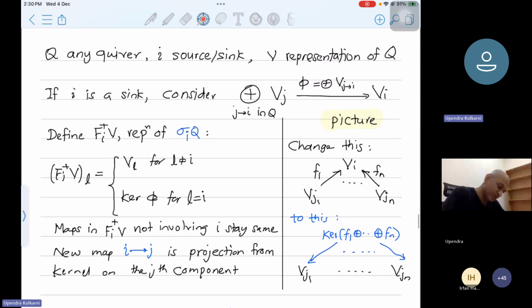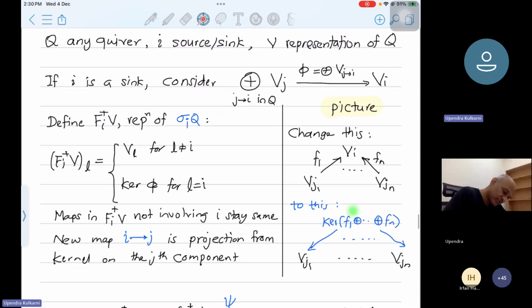I'm just going to look at this picture once again, right? So everywhere away from I don't have to bother, right? Nothing is changing. So it's only at I that I have to look. So the original picture at I is over here. When I apply Fi plus, this is the picture that I get, right? Okay.